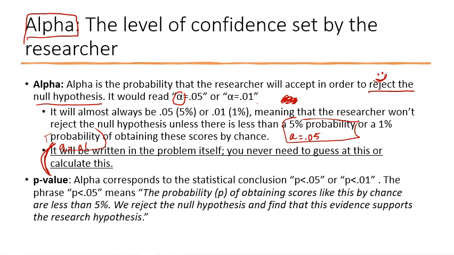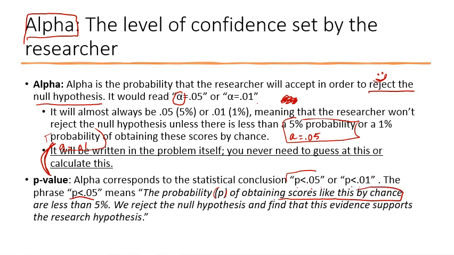So alpha corresponds to the statistical conclusion that we would write p less than 0.05 or p less than 0.01. So what this means is this. If we interpret this statement right here, it means the probability, that's what the p means, of obtaining scores like this by chance, of obtaining, say, eczema symptoms that are this low, just by chance, is less than 5%.